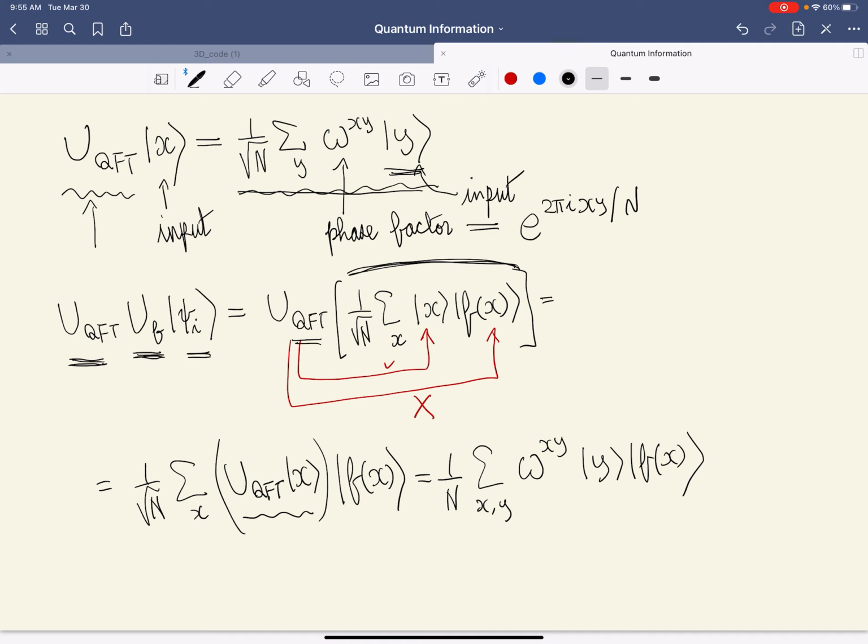Now this argument representing the input state and this argument representing the argument of the function in the output state are no longer the same, and we're going to be summing over both of these arguments, x and y.